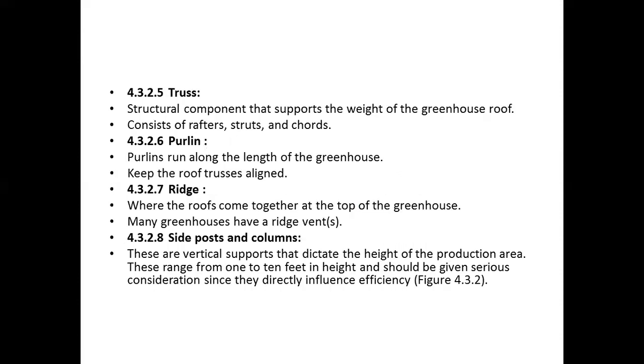Okay, so the truss, a structural component that supports the weight of the greenhouse roof, consists of rafters, struts, and cords. Purlins run along the length of the greenhouse, keep the roof trusses aligned. Ridge, where the roofs come together at the top of greenhouses. Many greenhouses have a ridge vent.